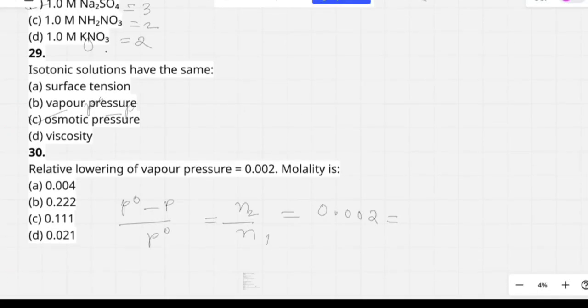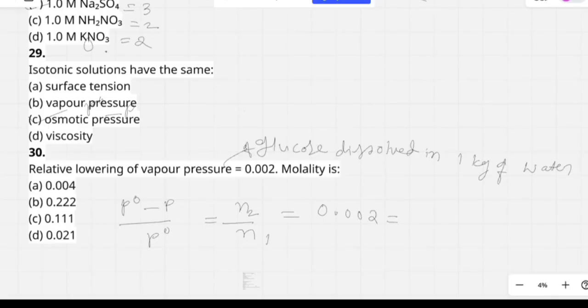One is incomplete here. Let me read question number 30 clearly. Relative lowering of vapor pressure of a dilute solution of glucose dissolved in 1 kg of water is 0.002.